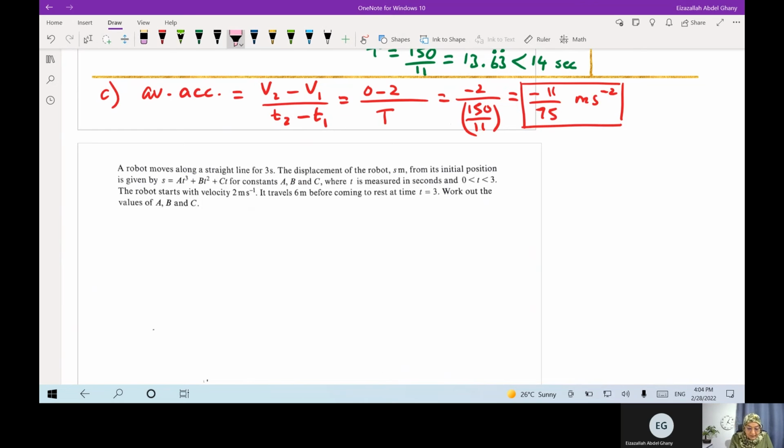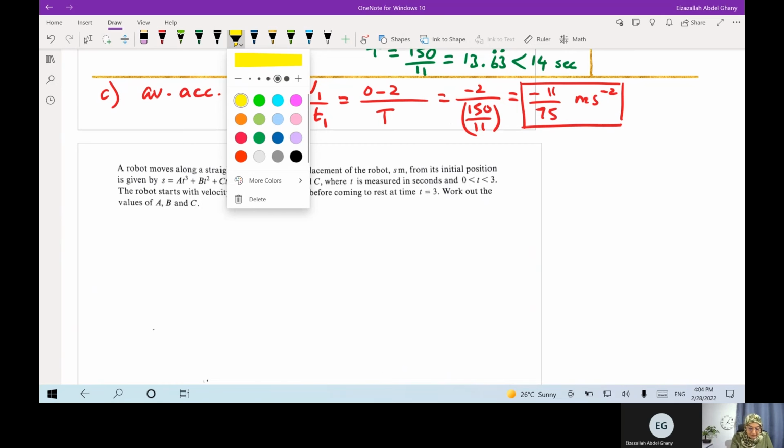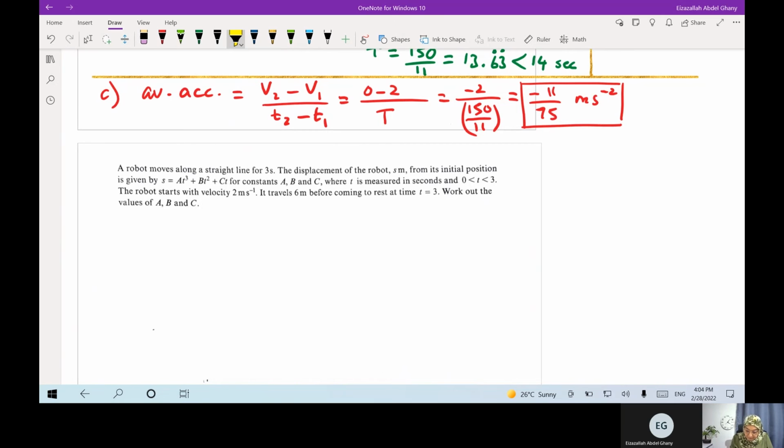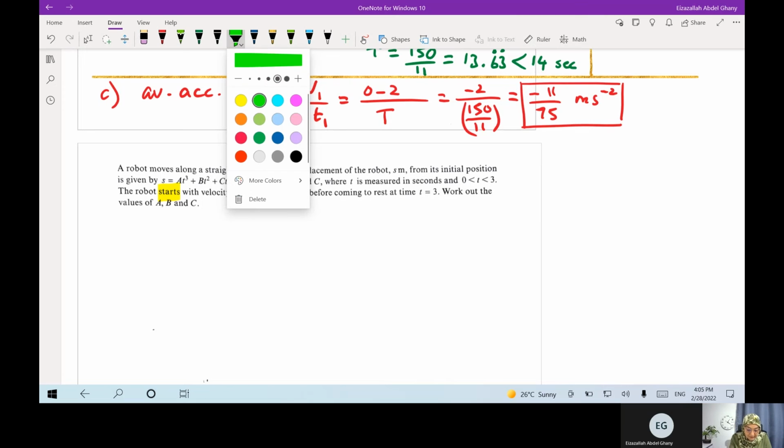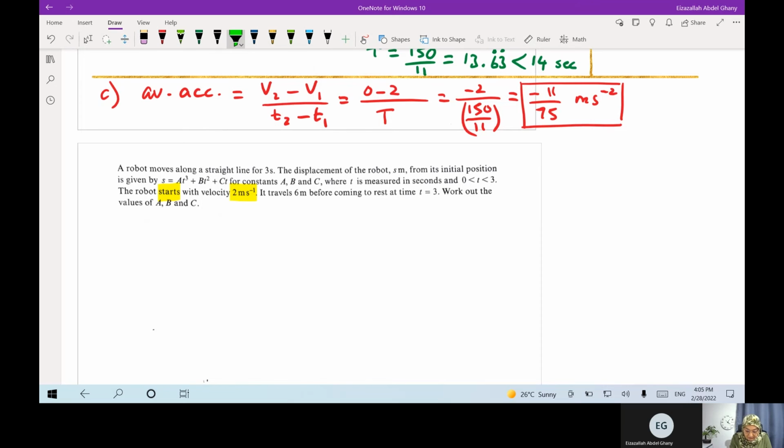As I told you, every word in math has a meaning. When he says that the robot starts with velocity 2 meters per second, it means at t equals 0, v equals 2. And there is another expression. It travels 6 meters before coming to rest at time t equals 3.